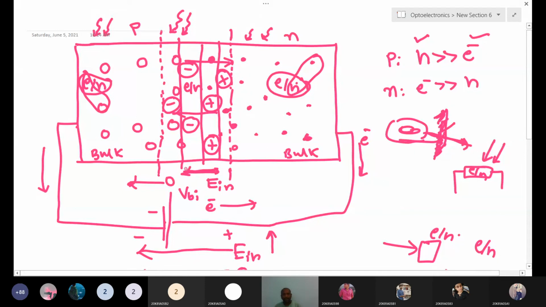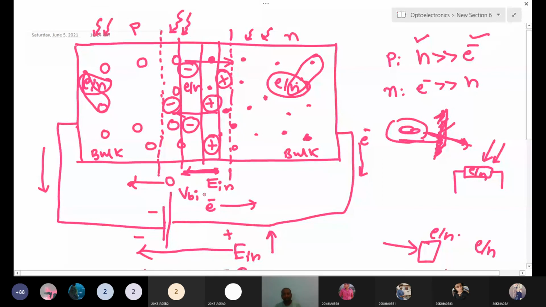Similarly, on the N side, the generated holes will recombine with electrons. So this is not useful for current in a circuit. There is no electric field to separate them in the bulk region, but in the depletion region we have sufficient electric field.